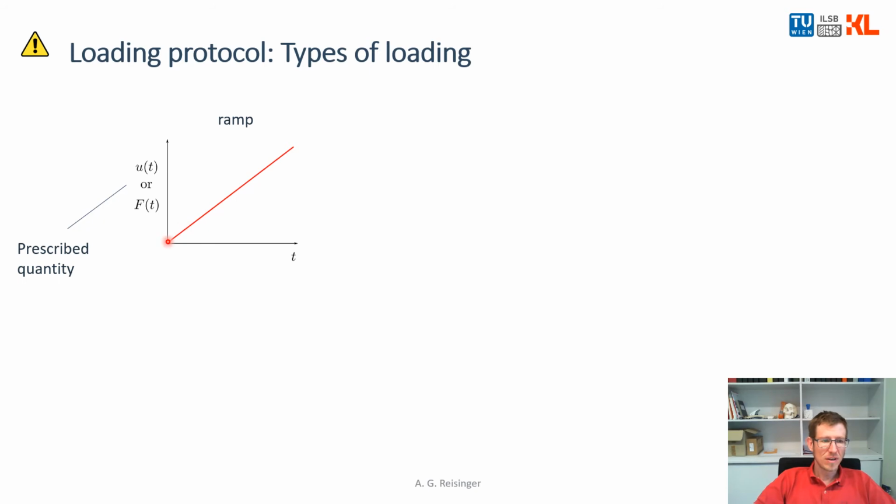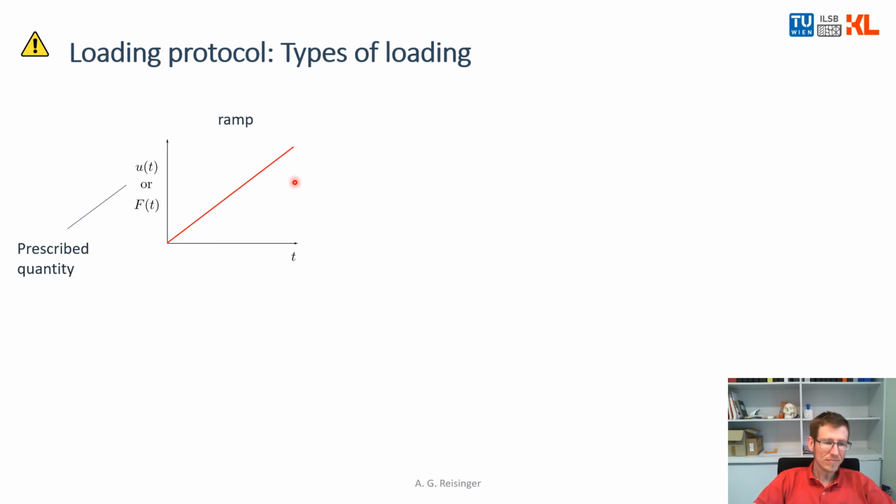A very easy way is to create a ramp in force or a ramp in displacement. So you start in the beginning, the sample is unloaded, and then you say, please move down 1 millimeter in 1 second. And then the machine is creating a ramp load. So in this case, u is prescribed, so the displacement is prescribed, and the displacement is increasing over time, and at the end, after 1 second, we have 1 millimeter.